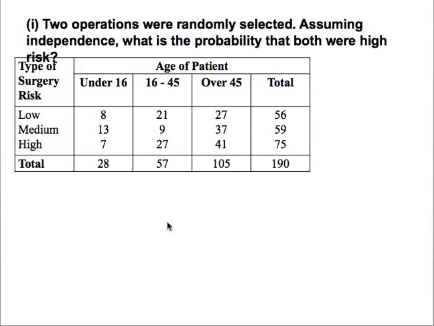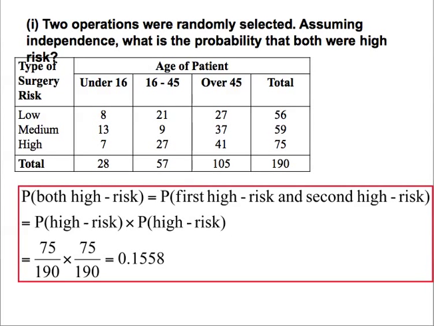Now, two operations were randomly selected. Assuming independence, what is the probability that both were high risk? Okay, so two operations were selected. What's the probability that both were high risk? So we're looking for the probability that the first one is high risk and the second one is high risk.